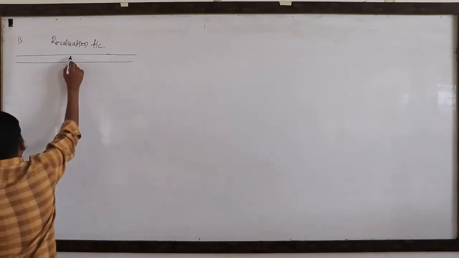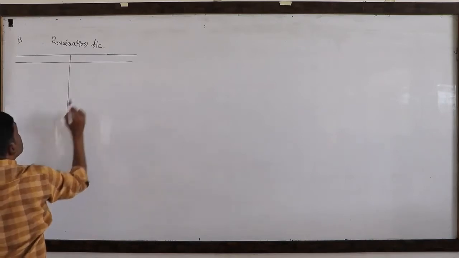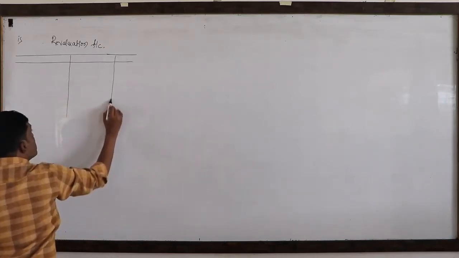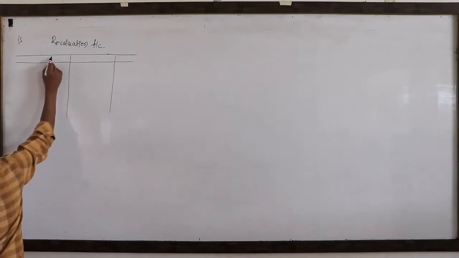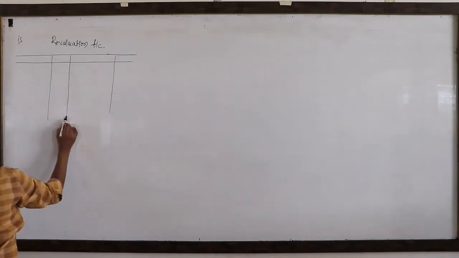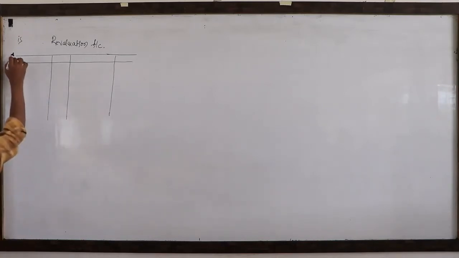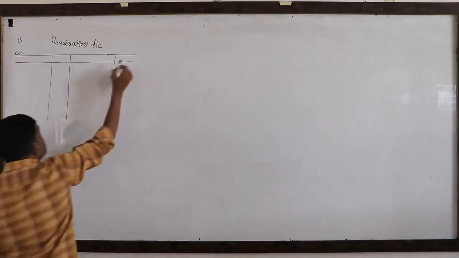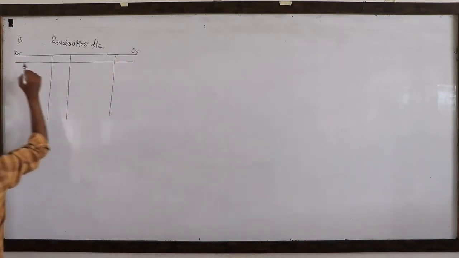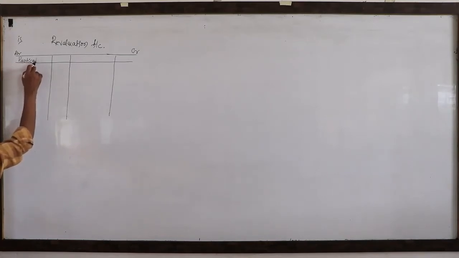As I said, dear students, this is the nominal account. With the help of this revaluation account, we can ascertain the profit or loss on revaluation of assets and liabilities before admitting the new partner. This profit or loss is to be distributed among the old partners in their old profit sharing ratio.